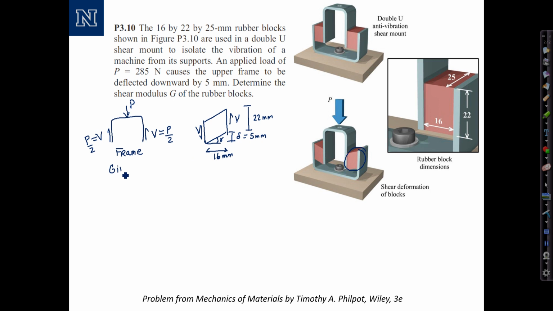As a summary of the given information, we are given delta, downward deflection 5 millimeters, P equals 285 newtons, and the block dimensions, which we have to do a little bit more work to interpret, but they are 16 by 22 by 25 millimeters, and we'll have to use that information to determine the relative shear area for the problem.